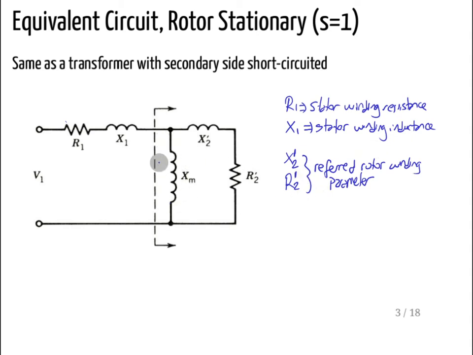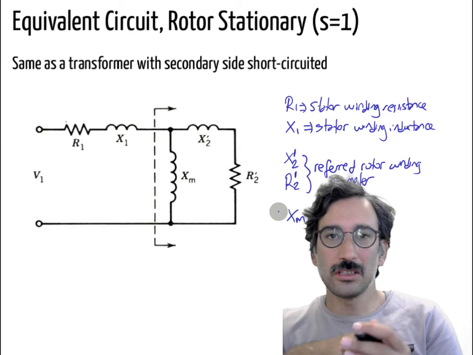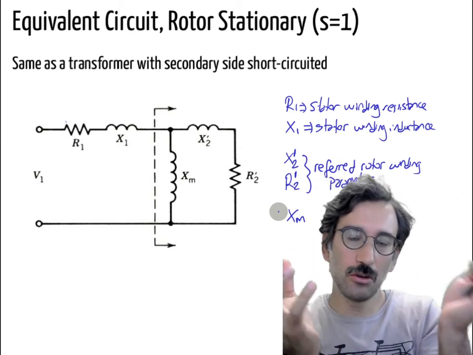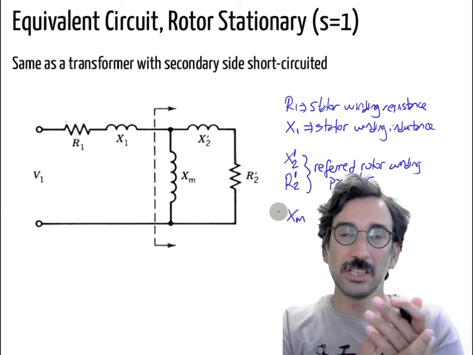And we have an XM. Because we have the magnetic core, XM becomes more important in an induction machine, because normally in a transformer we have a high permeability core and don't need any air gap.